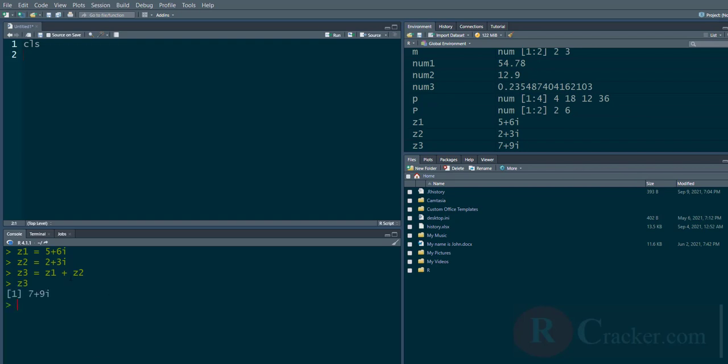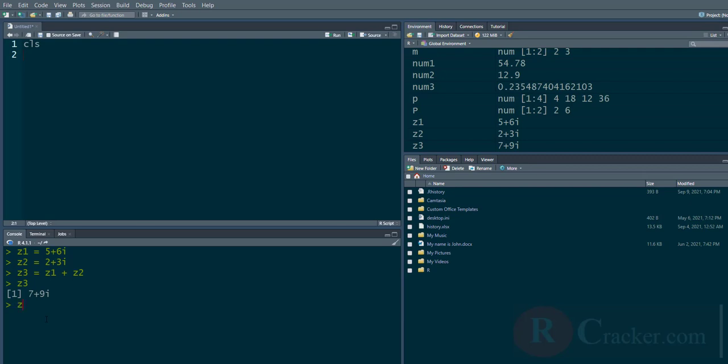Clearly 5 plus 2 is 7. The real parts get added together, imaginary parts get added together. So 5 plus 2 is 7, 6 plus 3 is 9. This is a beautiful example to demonstrate the power of our language. If we were to write the same program in some other language, this would not be so easy. Right.